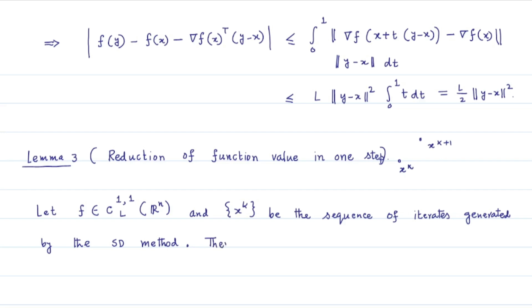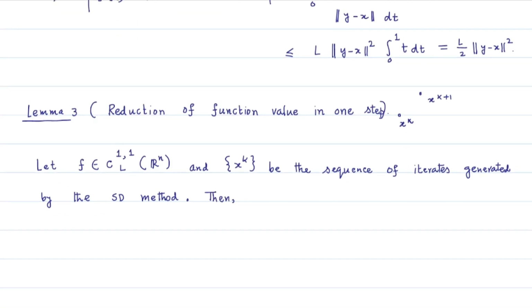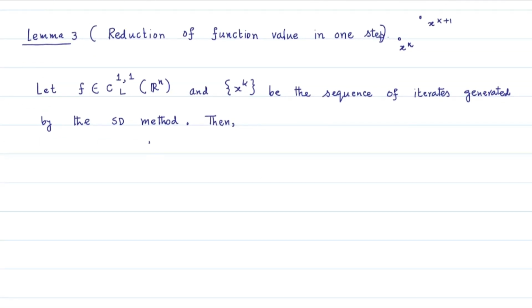Then an estimate of the reduction of the function value, that is f(x_k) minus f(x_{k+1}), is at least 1 by 2L times the norm of the gradient of f at x_k, squared. A proof of the result is as follows.